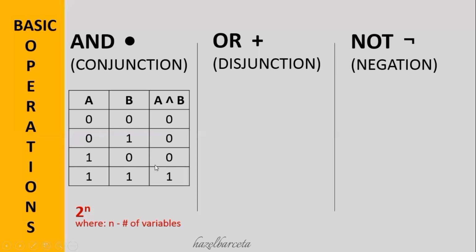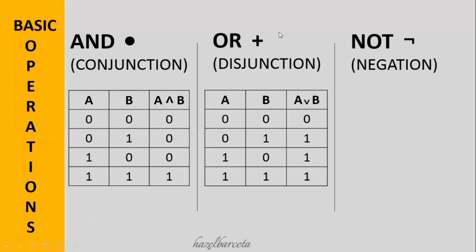So, this is about the AND operation. Next, we have the OR. Sa OR naman ay plus. Ang kailangan po natin ay inputs na lahat ay 0 para magkaroon po tayo ng output na 0. Then the rest are 1 na po.